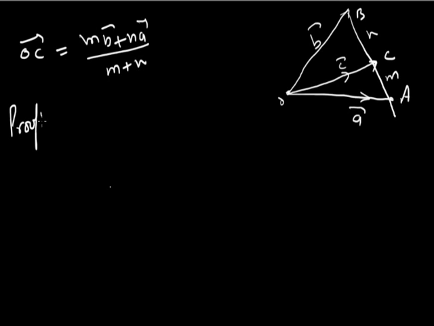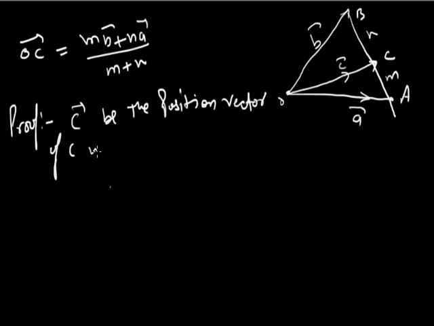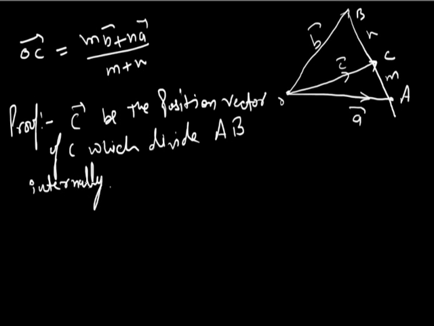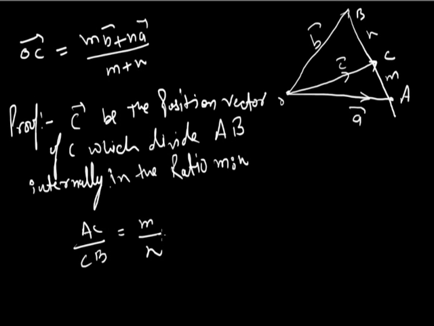Now the proof of this. Let c vector be the position vector of C, which divides AB internally in the ratio m is to n. AC upon CB is m by n.